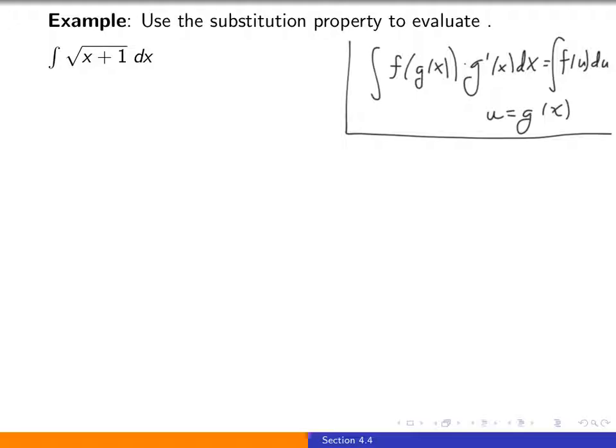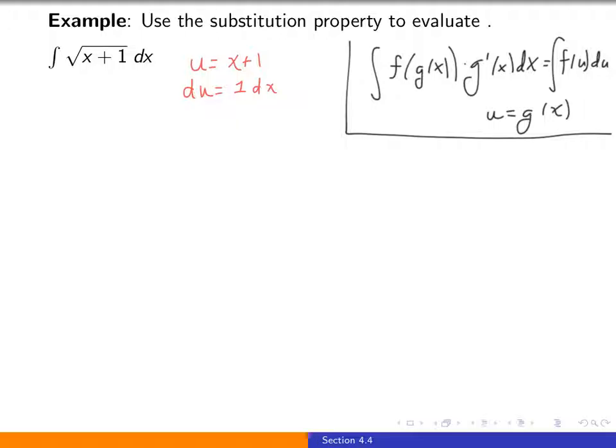And I see the inside function x plus 1. By inside, I mean it's in the square root. So I'm going to let u be x plus 1. Then in terms of differentials, du would be the derivative of x plus 1, which is 1, times the differential dx.